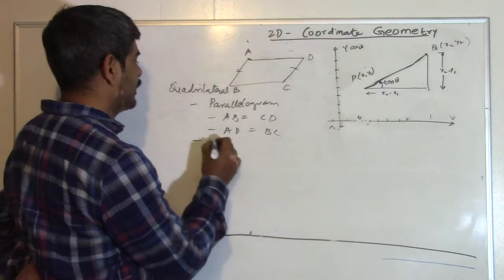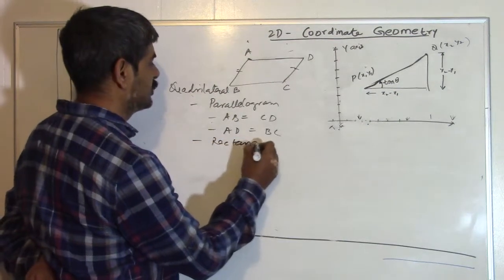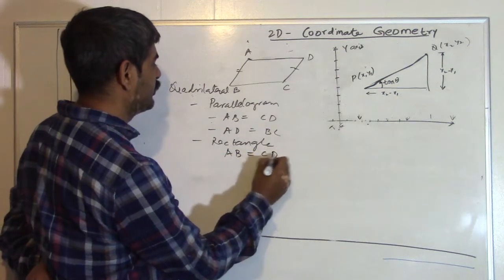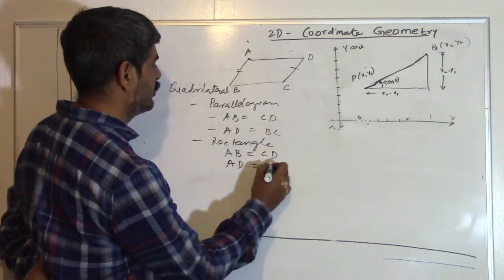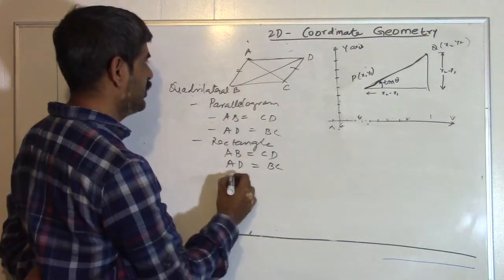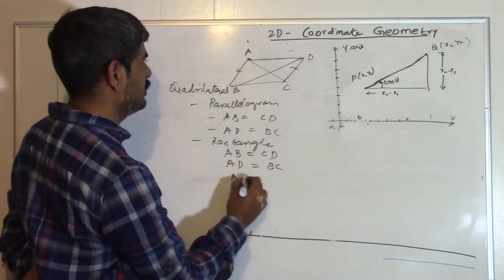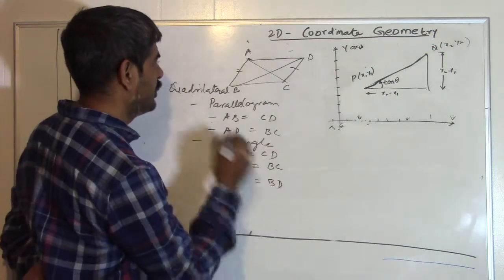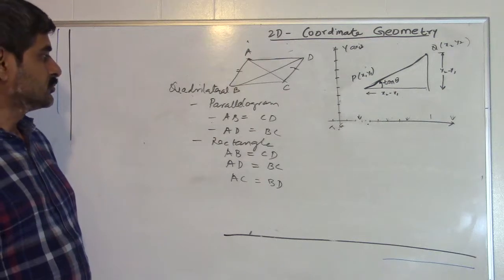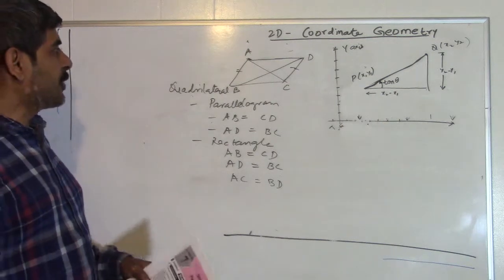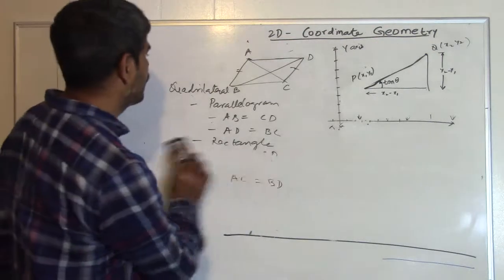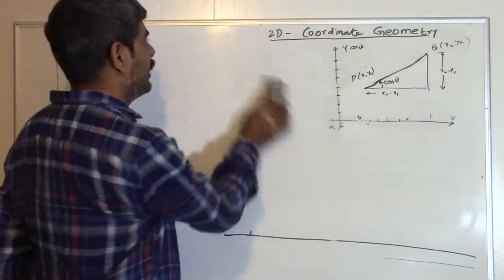How do we find out if it's a rectangle? In addition to AB equal to CD and AD equal to BC, we must also have the diagonal AC equal to BD. We can apply these kinds of conditions to find different types of quadrilaterals.